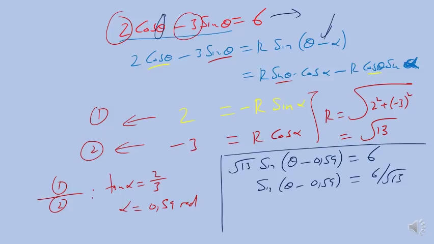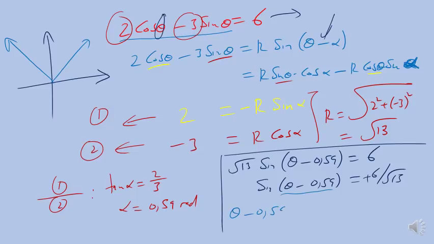This is positive, yeah? So where is sine positive? Let's draw this for you very quickly. It's amazing how the things you learned way back in primary school, you still have to apply here. It's positive in the first quadrant, it's positive in the second quadrant. So it's telling me this whole angle, theta minus 0.59, must be, let's have a look.